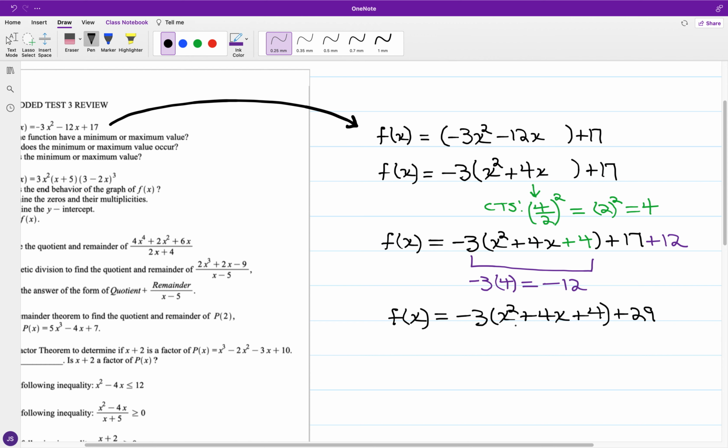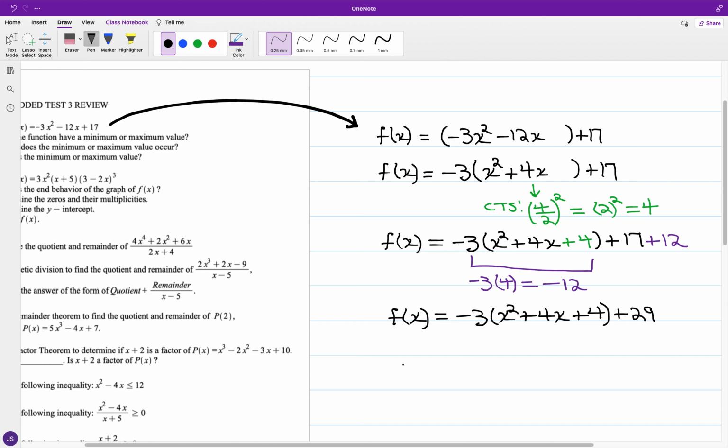Now you can always double check, because here we have negative 3 over this trinomial, negative 3x squared minus 12x. Negative 3 times 4 is negative 12, and if I add 29 to negative 12, I'm back to where I was with plus 17.